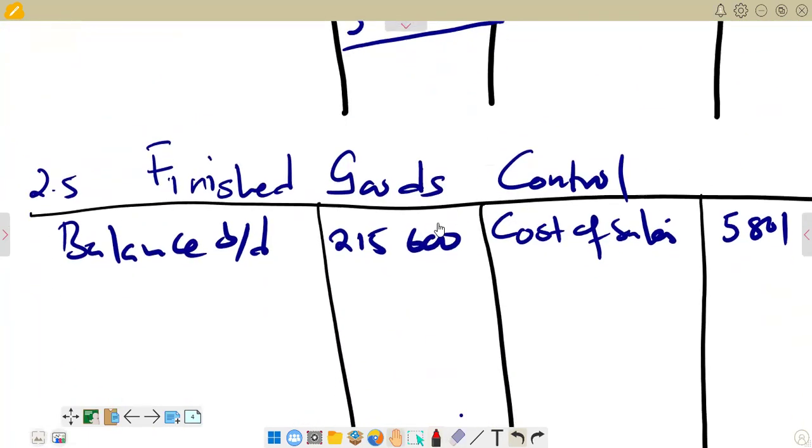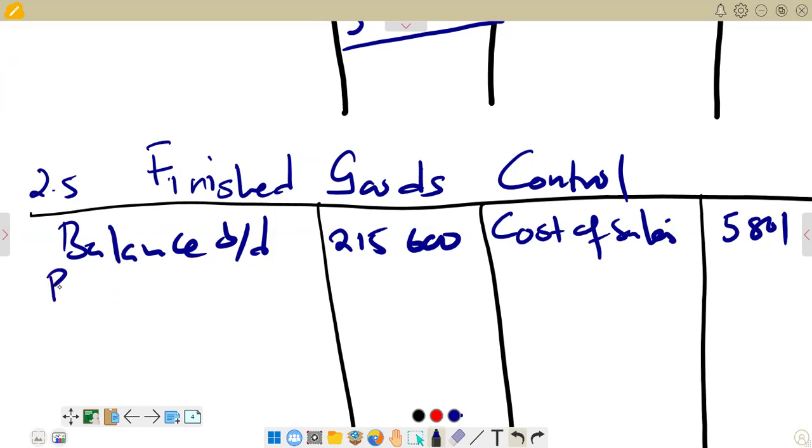We are saying in the finished goods account, we are going to debit it with, let's see, finished goods. The figure that is coming from production control is 5,615,600.